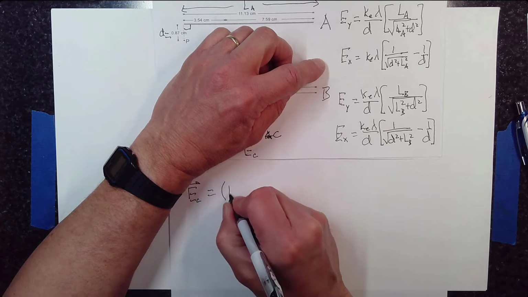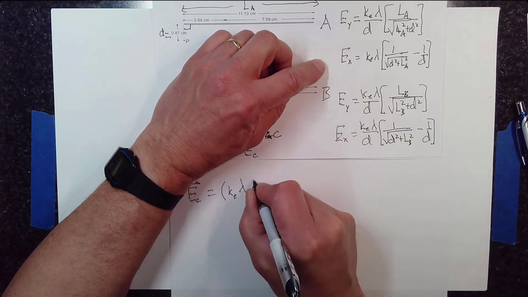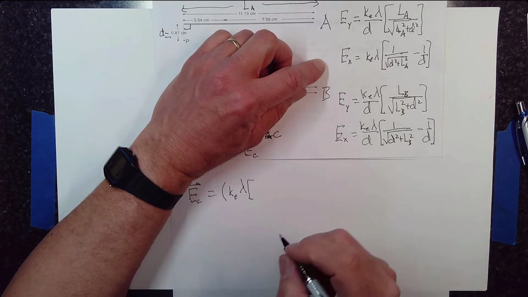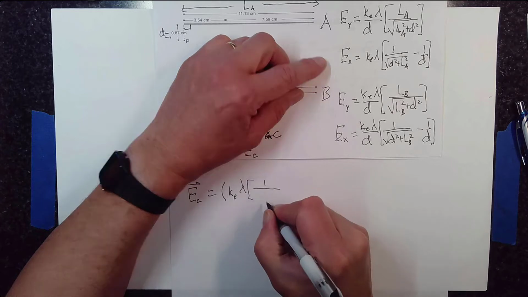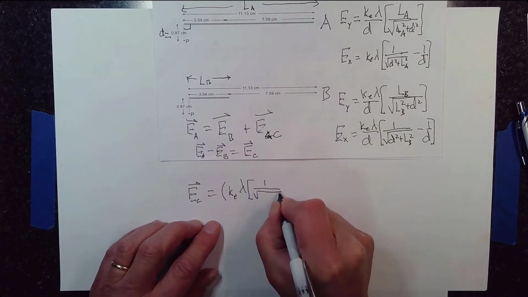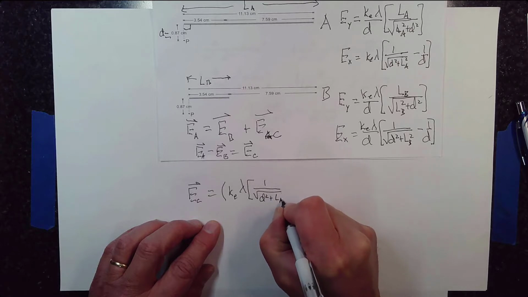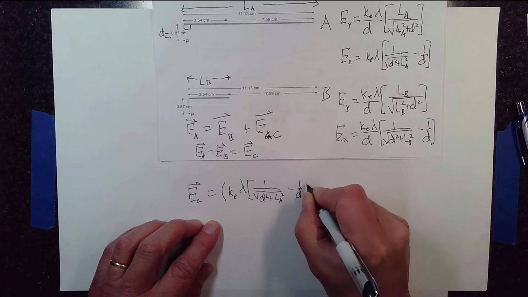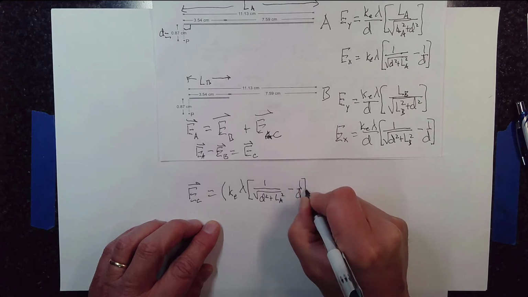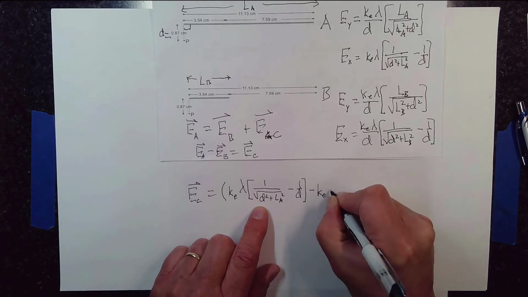It'll be K sub E lambda, and I know I'm putting the parentheses in the wrong place, but that won't hurt. 1 over the square root of D squared plus L sub A squared minus 1 over D, minus K sub E lambda.